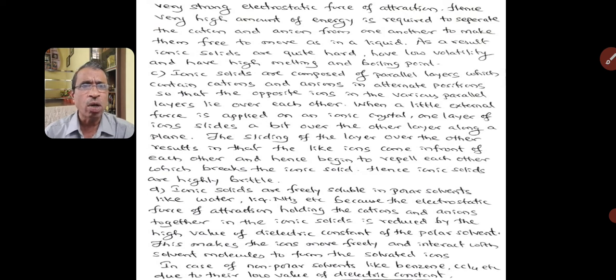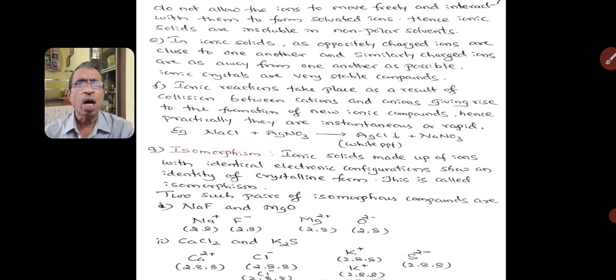This makes the ions move freely and interact with solvent molecules to form solvated ions. Non-polar solvents like benzene, carbon tetrachloride, etc., due to their low value of dielectric constant, do not allow the ions to move freely and interact with them to form solvated ions. Hence, ionic solids are insoluble in non-polar solvents.